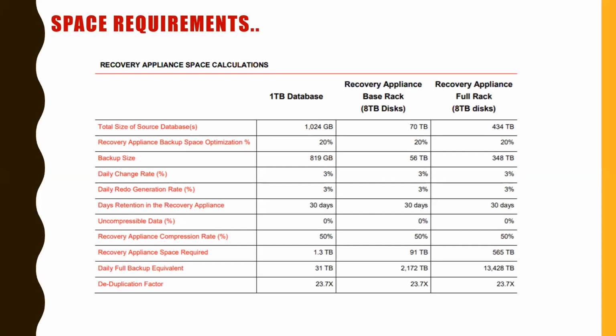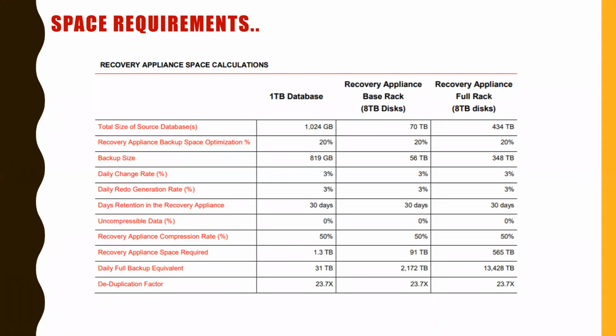And it all depends on the database size and the backup size. For example, if you are considering a 100 GB database, it is always recommended to configure double the size of space on the recovery appliance for the protected database, so that it can ensure all the backups are captured without running out of space.